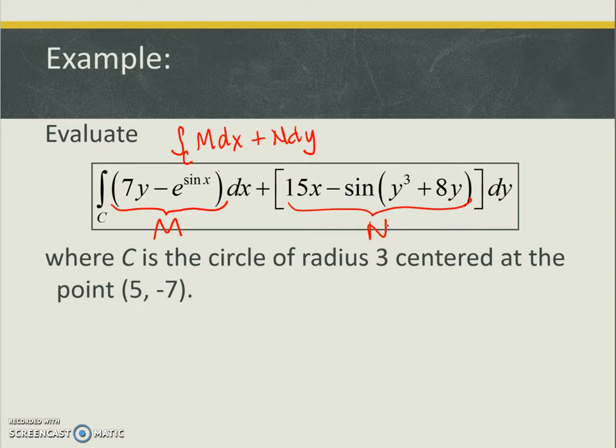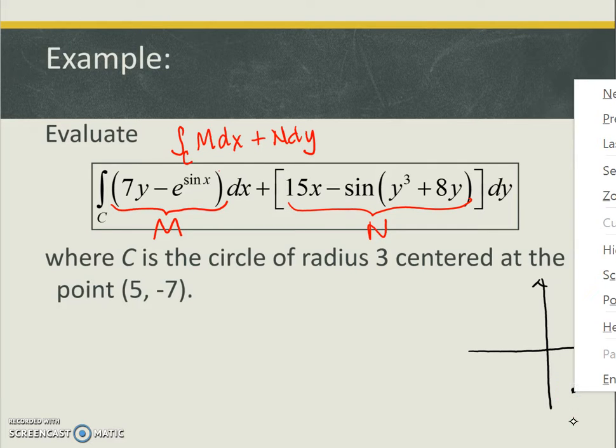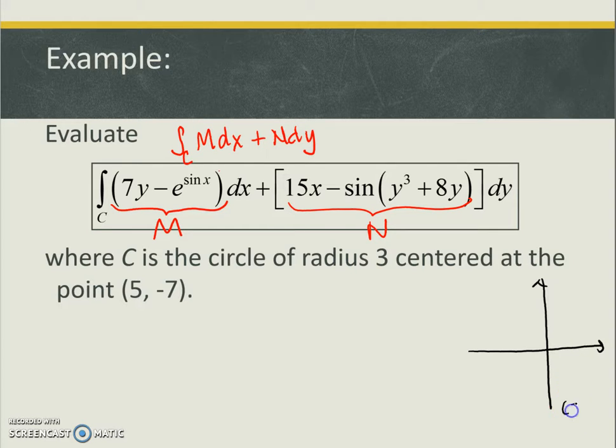And so thinking about having the opportunity to use Green's theorem, let's take a look at, first of all, our region. So our region is a circle of radius 3 centered at the point (5, -7).